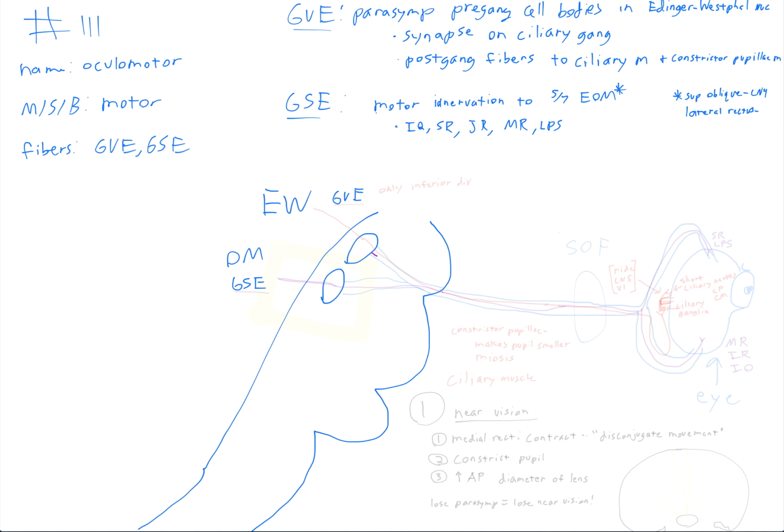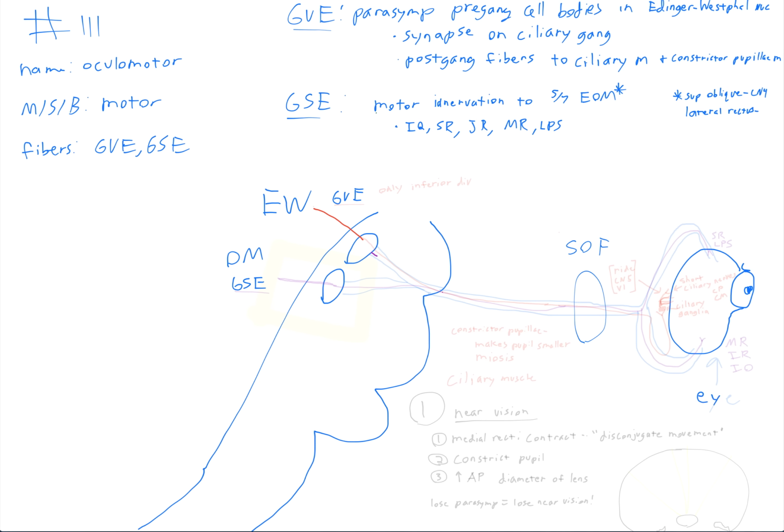Okay. So your two divisions are the superior and inferior. Okay, so let's talk about those fibers. So I'm using purple. I don't know if you'll be able to see it. Purple is going to be our GSEs. So our GSEs are going to leave the oculomotor nucleus, and they're going to go into the nerve, and they're going to do everything it's doing.